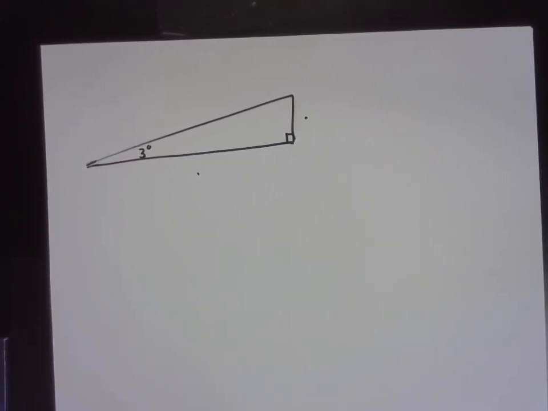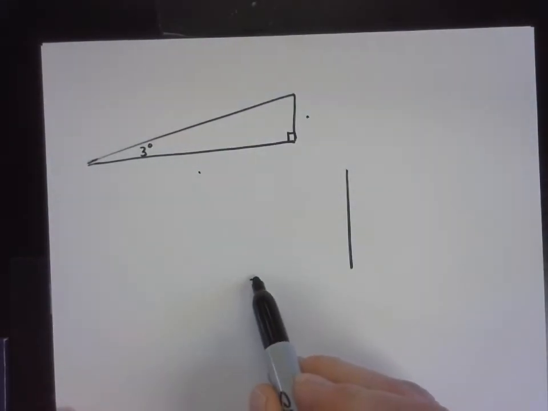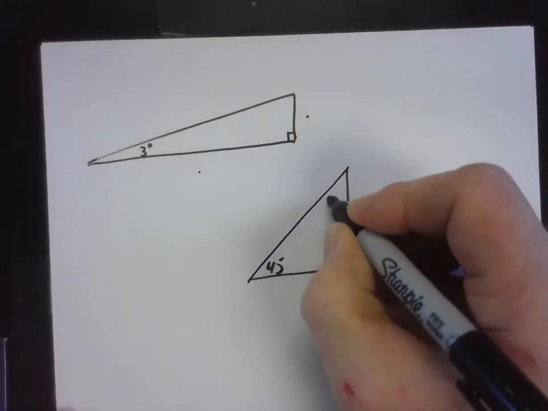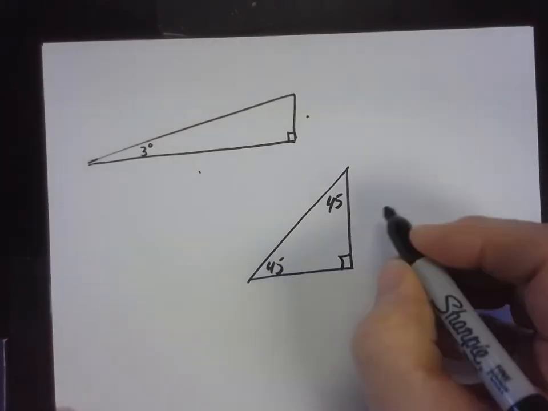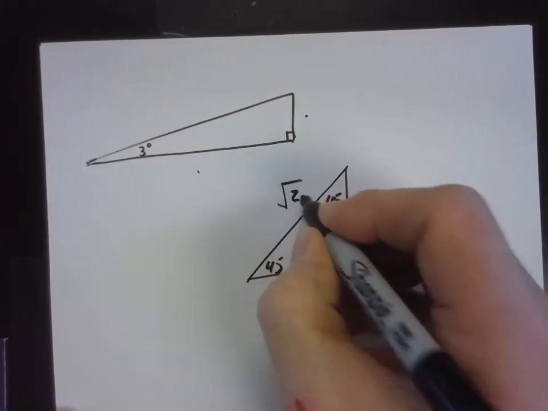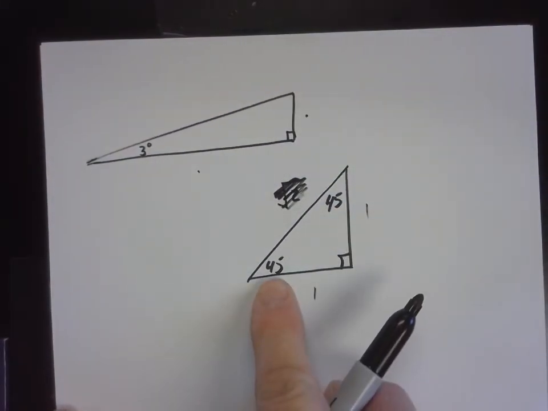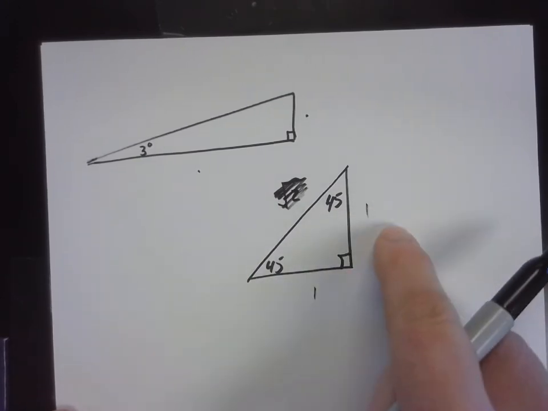If I look at a 45, 45, 90, isn't the ratio here 1, 1, radical 2? We don't have to care about this. But look at the tangent of 45 degrees. What is it? 1, right? It's the opposite over the adjacent. It's 1 over 1.